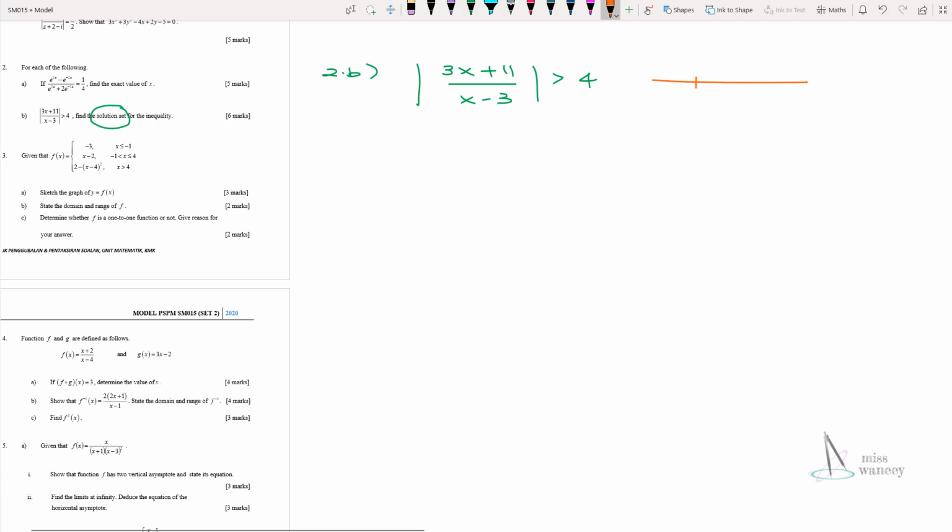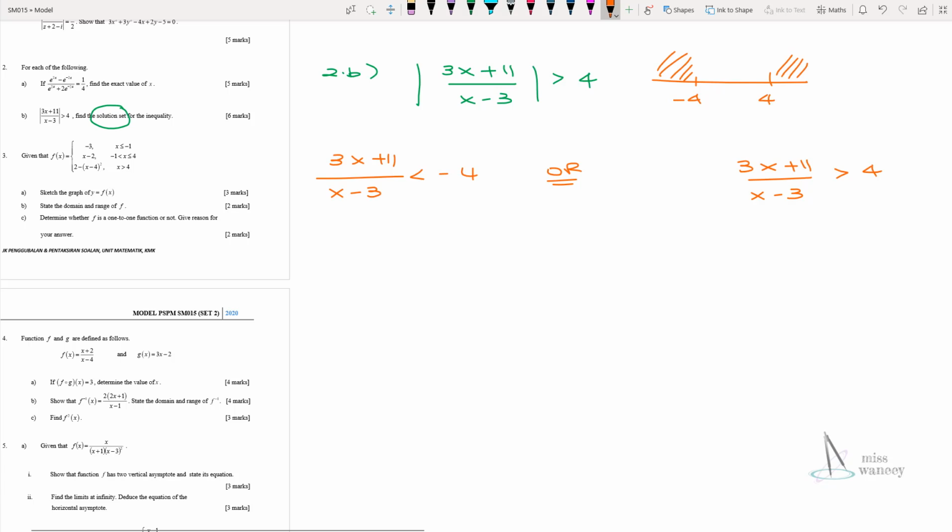So using the definition, greater than 4 or less than negative 4. So we will have two things. Either 3x plus 11 over x minus 3 is less than negative 4, or 3x plus 11 over x minus 3 will be greater than 4.